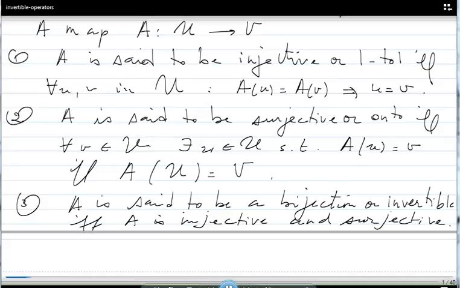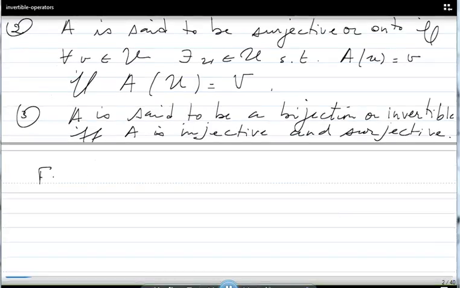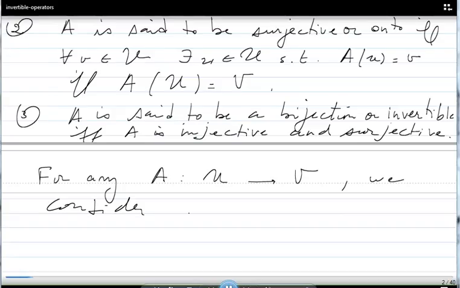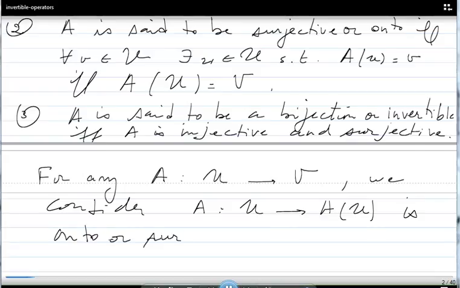It is easy to see that for any map A which goes from U into V, we consider naturally another map, we still call it A, but it's a different map which goes from U to A of U, the image set, and this map is surjective, or onto, by definition.